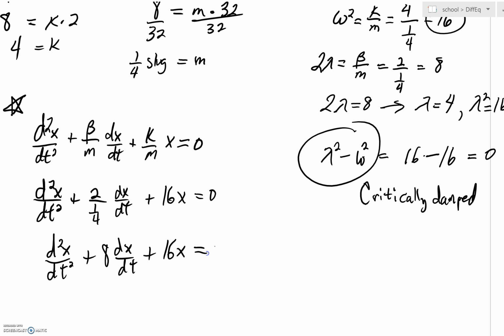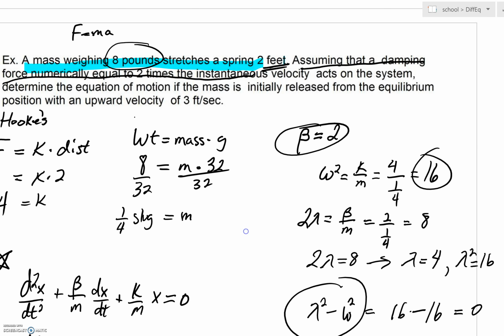Now, there is something else that remains to be discussed. We'd like to see what our initial conditions are. We are going to solve this, and we are also going to try to find our constants. So let's go back to the problem. As we read through this, it says, determine the equation of motion if the mass is initially released from the equilibrium position.